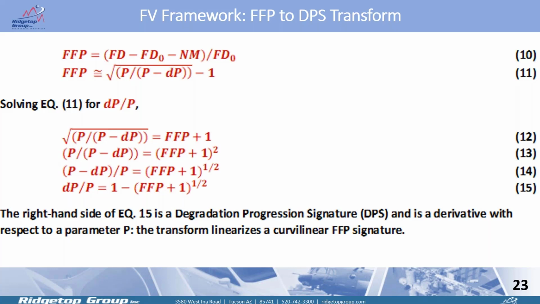So if I substitute that FFP value for every single data point I'm looking at and put it in that form, what have I accomplished? I have taken the derivative of the original curve. And the derivative of a simple power function or an exponential function is a straight line.